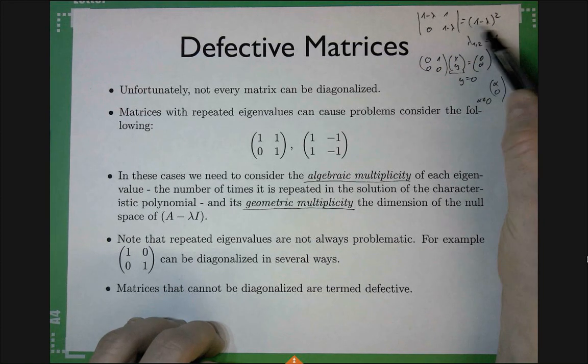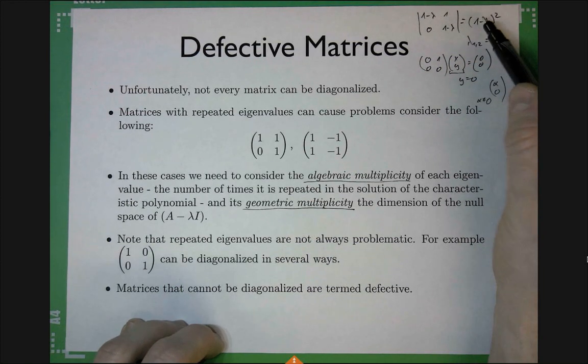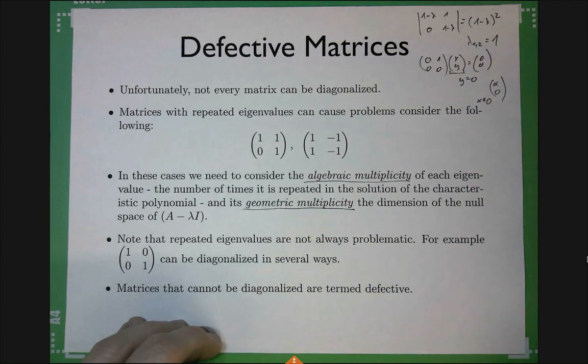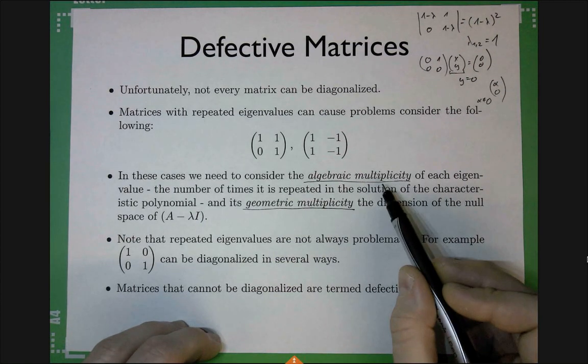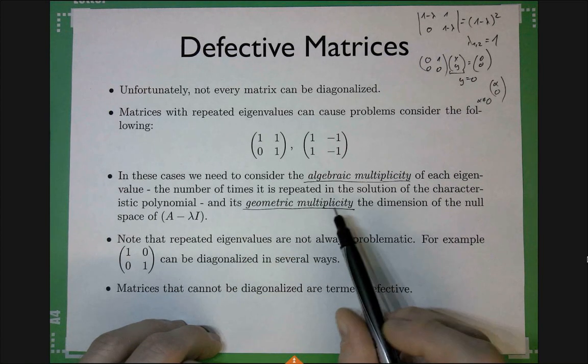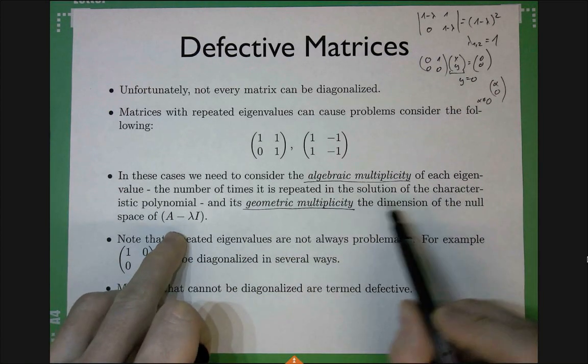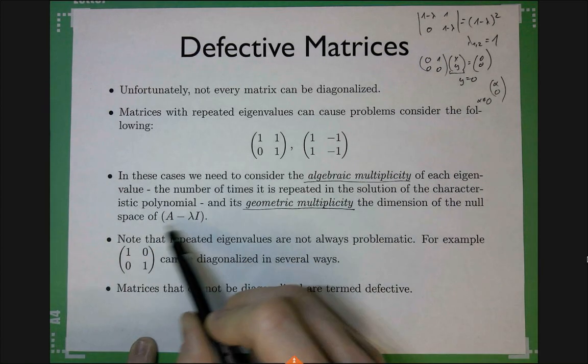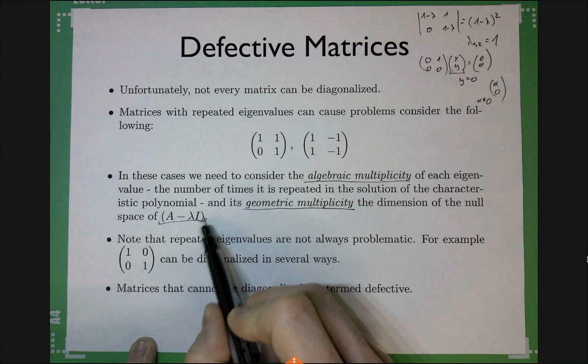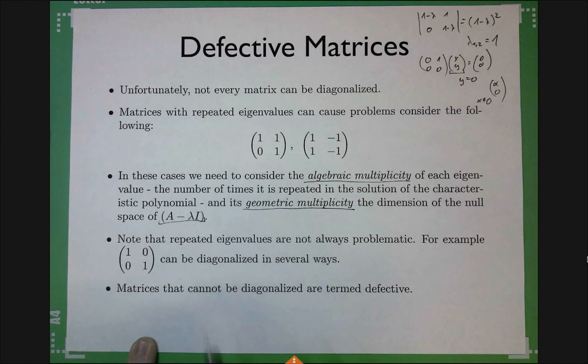Like here, this 1 was a double root of the polynomial because it appeared twice. That's the algebraic multiplicity. The geometric multiplicity of an eigenvalue is the dimension of the null space of this system after I subtract the eigenvalue times the identity matrix.